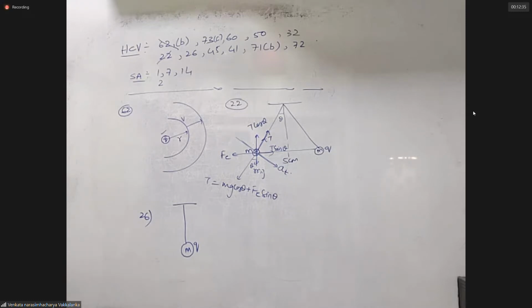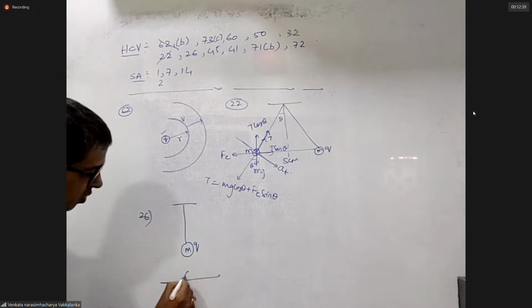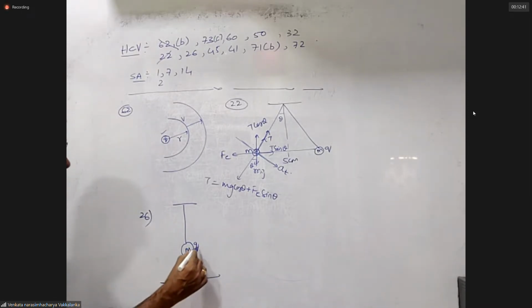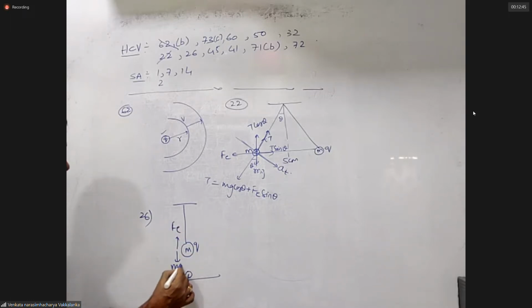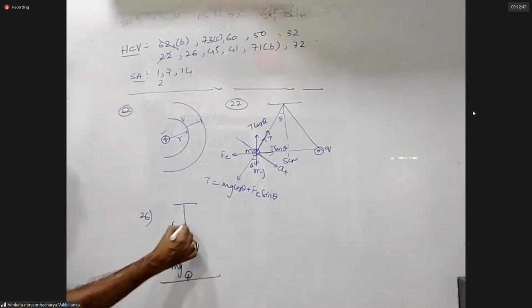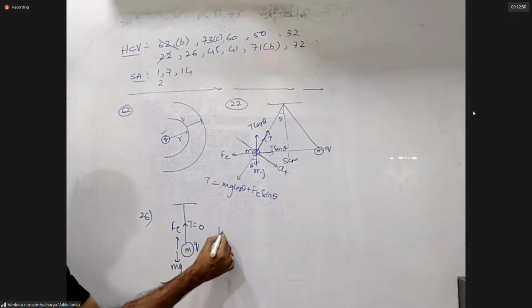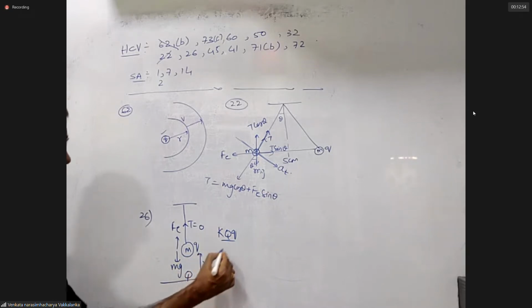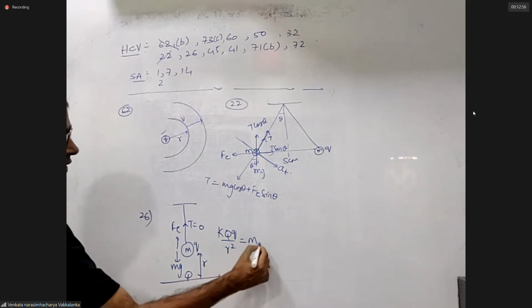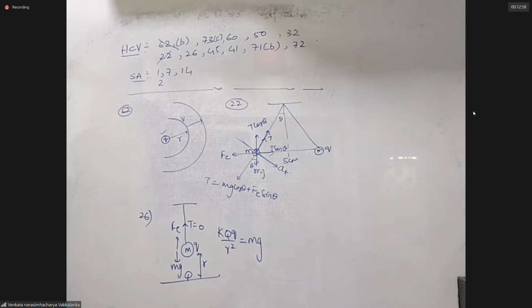Where is the charge kept? At a separation of 10 centimeters from the bob. There is some capital Q kept here. So the electrostatic repulsion should be equal to mg. That's it, the tension will become 0. K capital Q small q by R square is equal to mg, taking this distance as R. The tension will become 0.